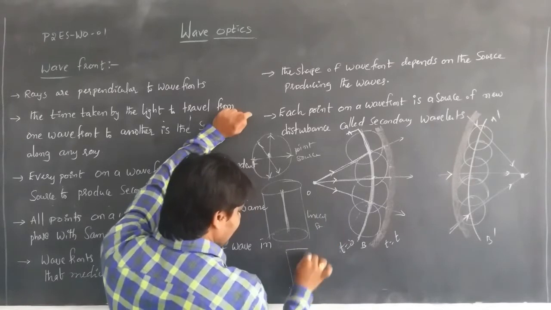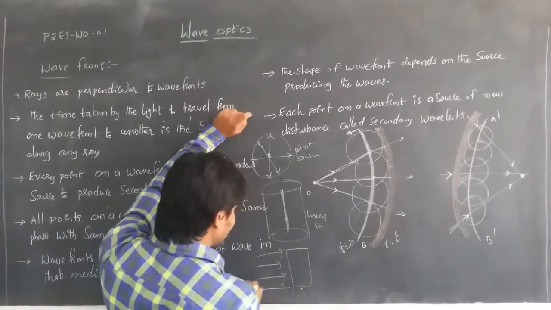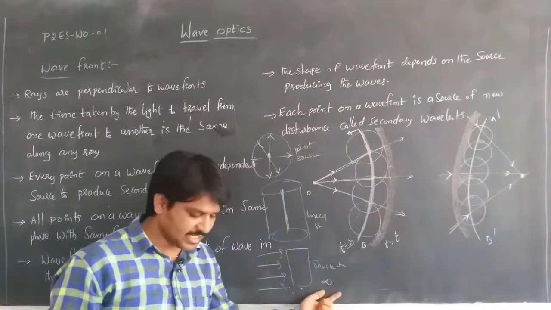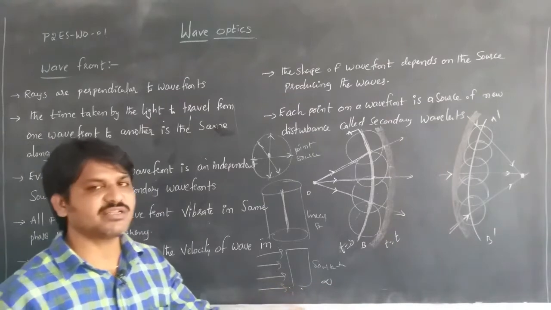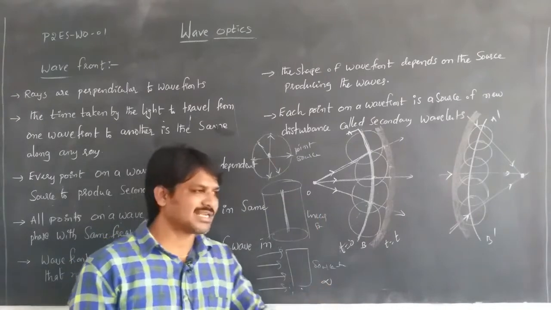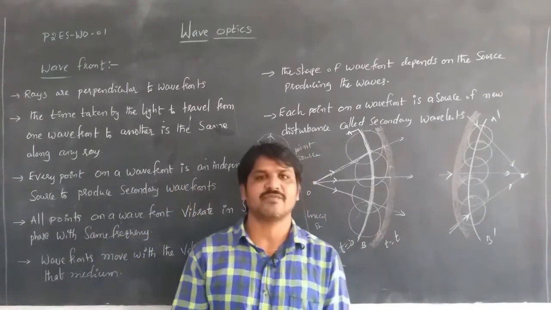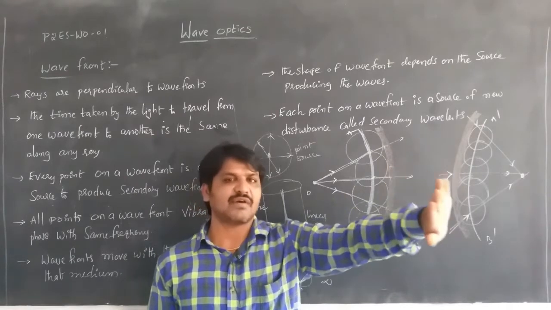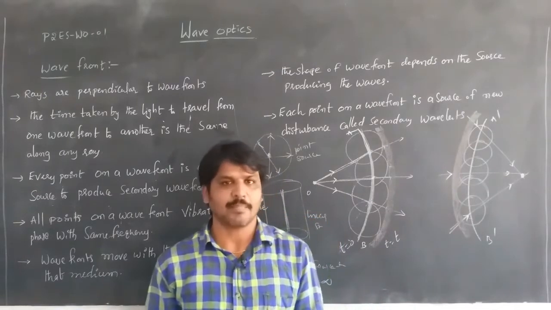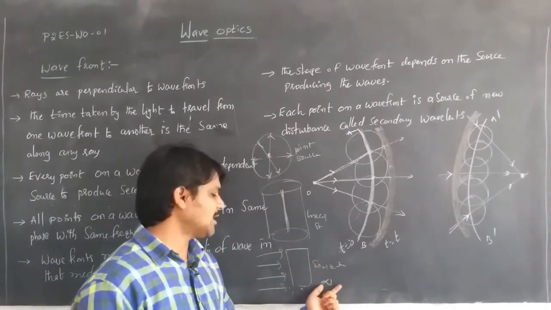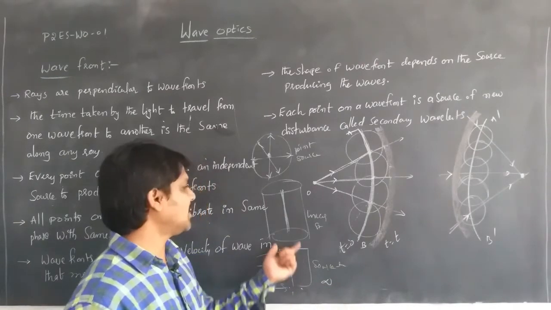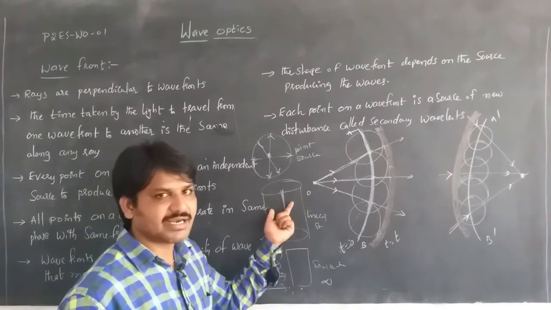For the plane wavefront, the source must be at infinity. We already discussed that a spherical wavefront from a point source, or a cylindrical wavefront, when watched from a long distance, can be seen as a plane wavefront. So the source must be at infinity for a plane wavefront to form. In the case of a linear source, cylindrical wavefronts are formed.